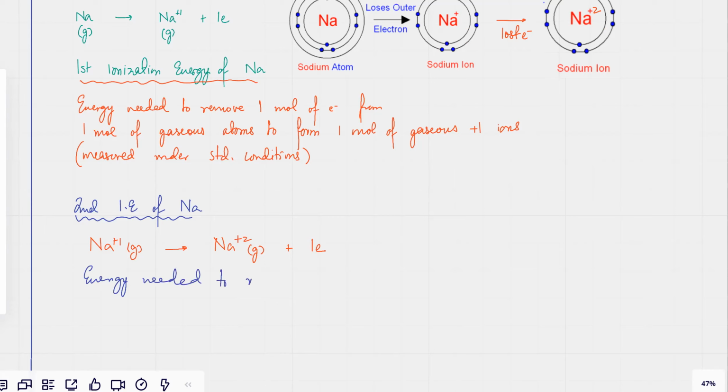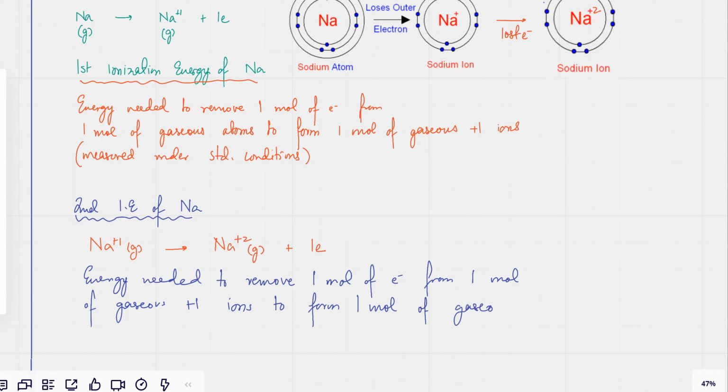It's energy needed to remove 1 mole of electrons from 1 mole of gaseous +1 ions, and to form 1 mole of gaseous +2 ions, measured under standard conditions.